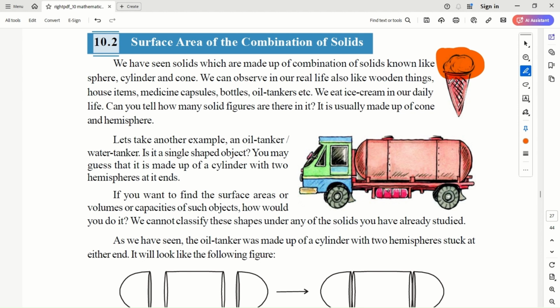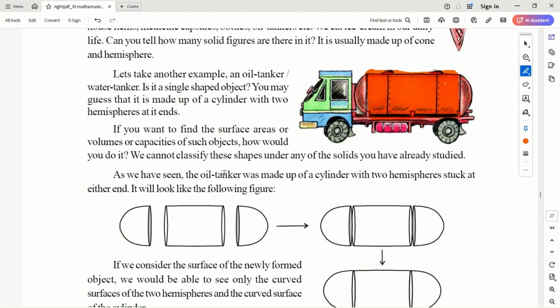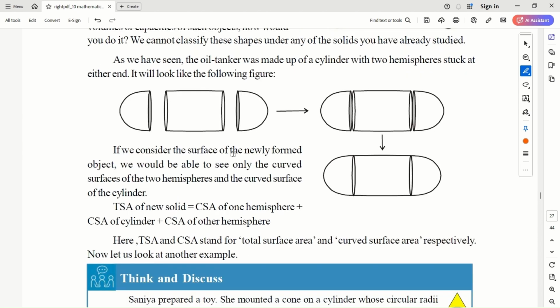Similarly, if you see a tanker, this is a cuboid or a cylinder, and it is attached at the two ends with a hemisphere, correct? So like this, you can calculate. You can get many such questions.